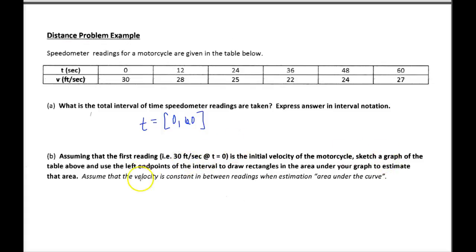We want to sketch a graph of the table above and use the left endpoints of the interval to draw rectangles in the area under the graph to estimate that particular area. And we're going to assume here that velocity is constant in between the readings when estimating the area under the curve.